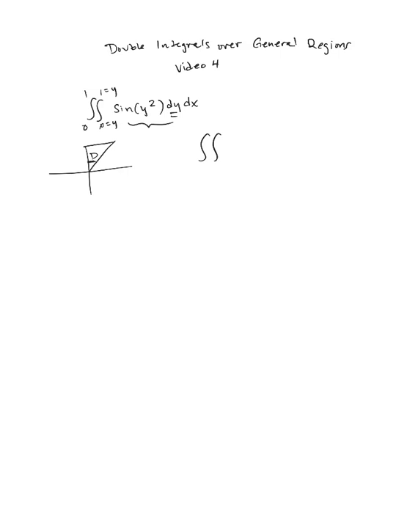Let's look at why we're going to do this. If we're integrating with respect to x first, what does that mean about sine of y squared? I'll give you a minute to think about that.